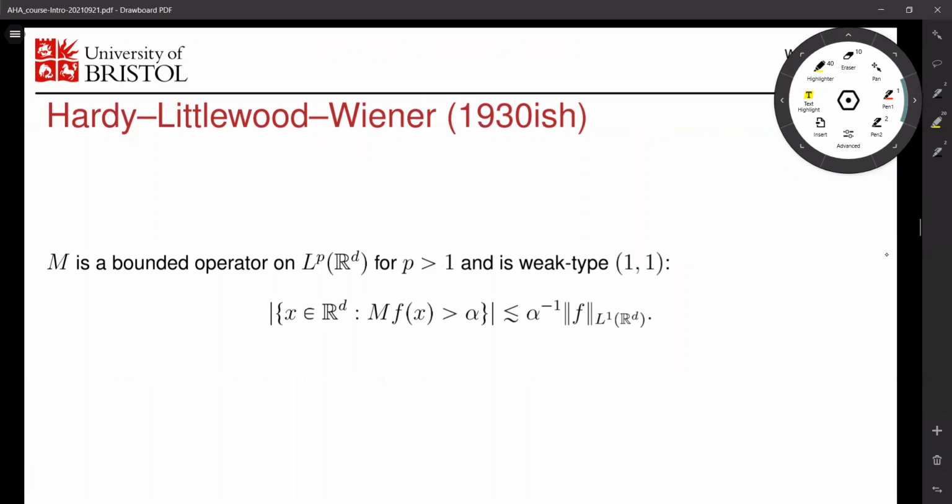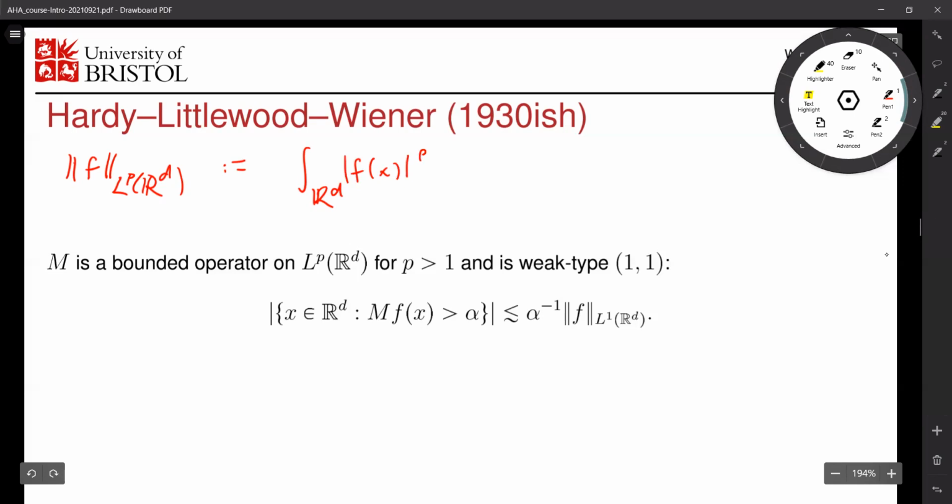So just for those who don't work with L^p spaces every day, recall that the L^p norm of a function on R^d is defined as the integral over R^d of my function to the pth power, and then normalized by taking 1 over the pth power on the outside. Okay.